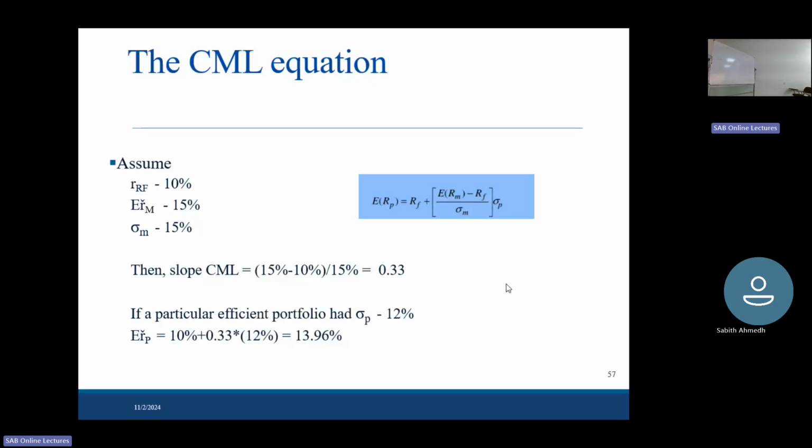Then how about expected return? CML based expected return calculation is okay if you have an efficient portfolio.